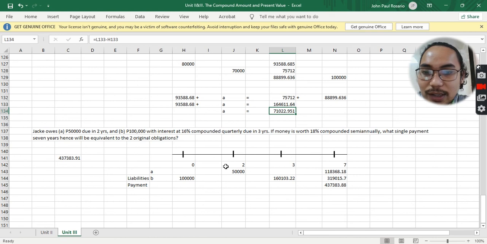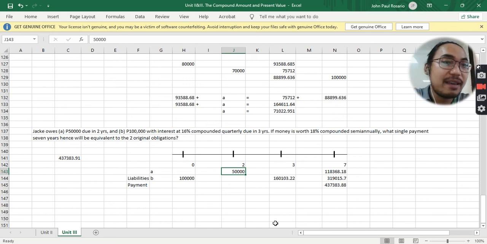the 2 original obligations? Okay, so this one is kind of tricky because so far we have been dealing with notes na non-interest bearing, or we have been dealing with liabilities na given na ilahang maturity value. But on this case, for liability 1, which is 50,000, it is already given that the amount due is 50,000 in 2 years.